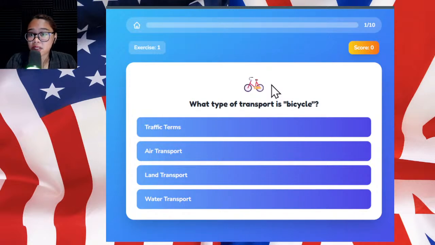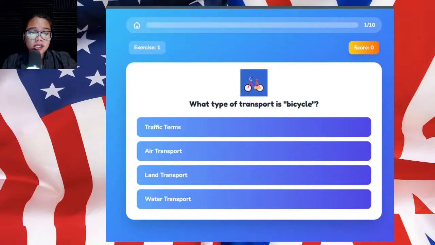Is it considered as a traffic term? Is it considered as air transport, land transport, or water transport? Now, bicycle, when do we use it? As you can see here on your screen, that is a picture of a bicycle, right? So bicycle is basically the one that is eco-friendly. Why?